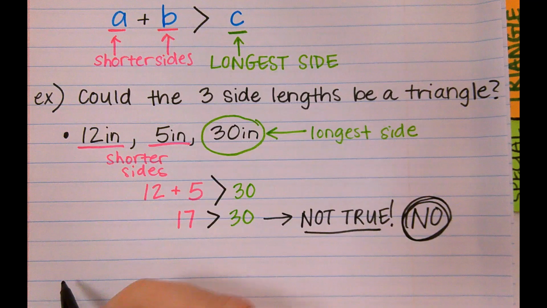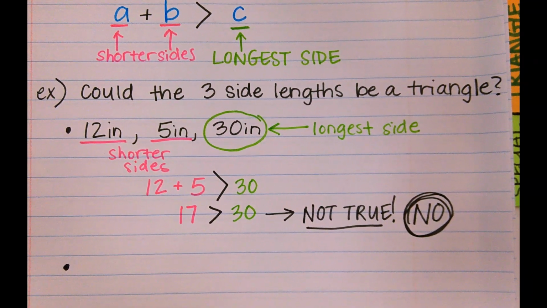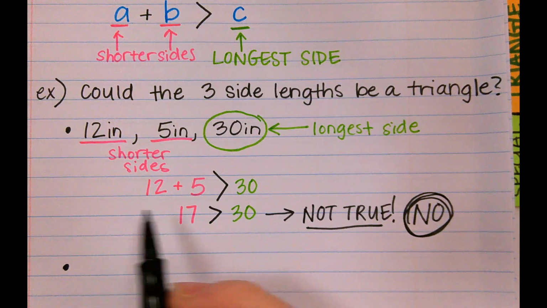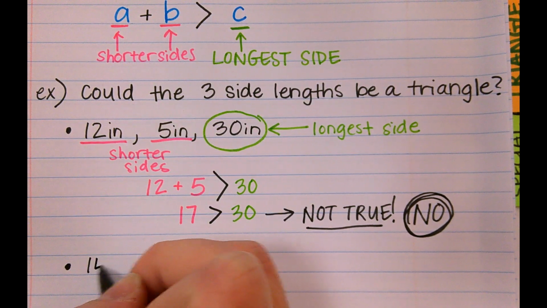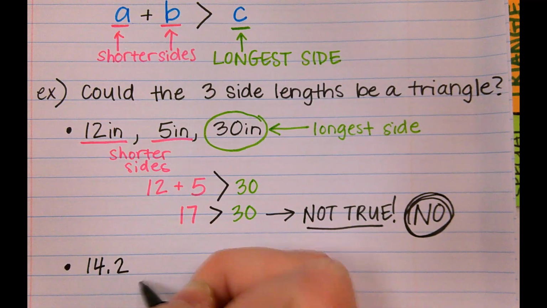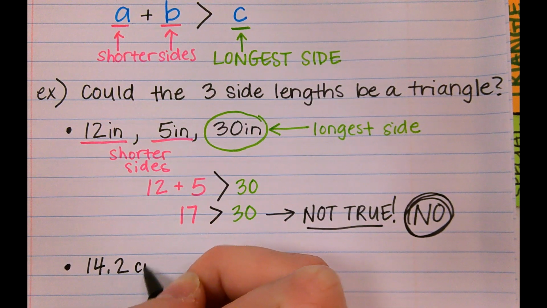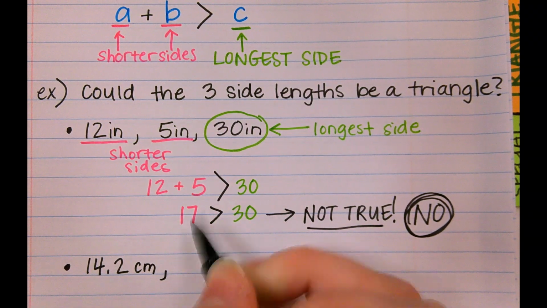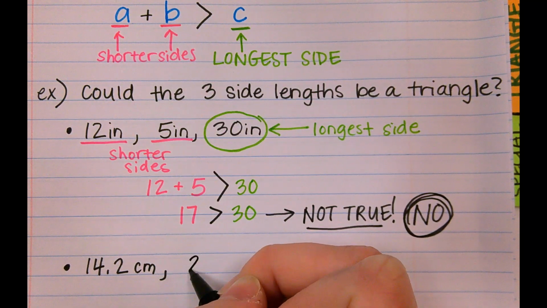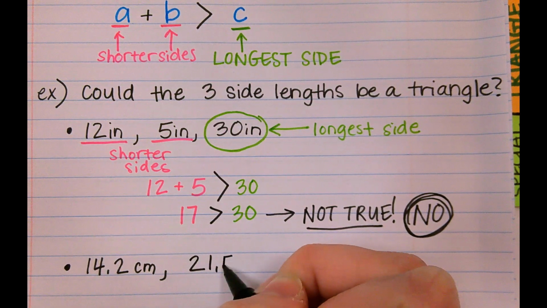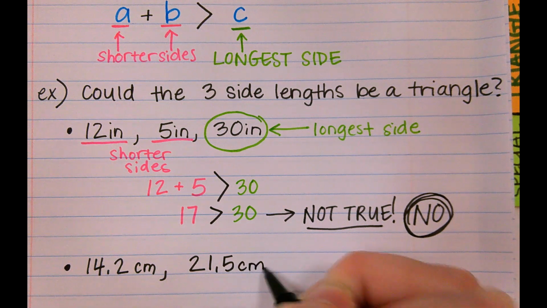Let's look at another example. Let's say I have 14.2 centimeters and 21.5 centimeters.